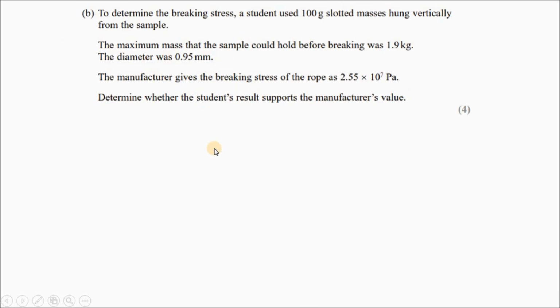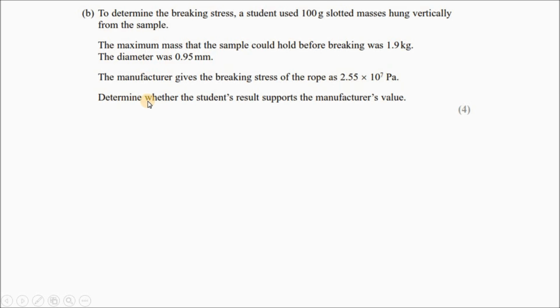Part B, to determine the breaking stress, a student used 100 gram slotted masses hung vertically from the sample. The maximum mass that the sample could hold before breaking was 1.9 kilogram and the diameter at that moment was 0.95 millimeter. The manufacturer gives the breaking stress of the rope as 2.55 times 10 to the power 7 Pascal.